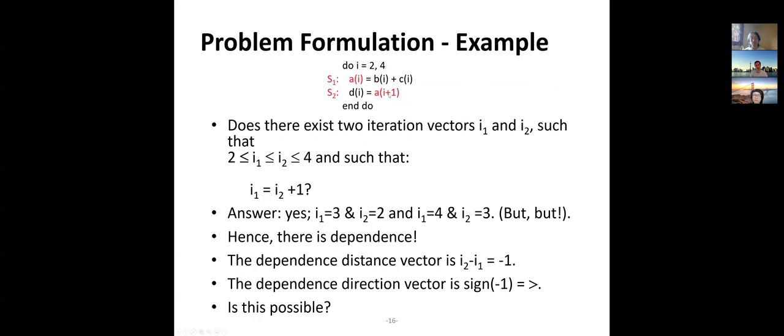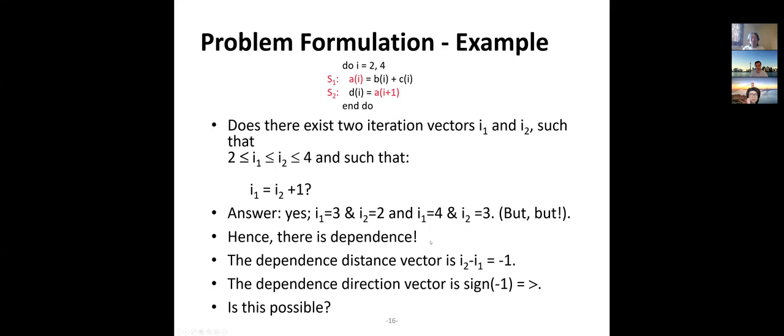Remember where you go into the positive direction. So the question is, does there exist two iteration vectors, I1 and I2, such that they are between 2 and 4, because those are the limits, and such that I1 equals I2 plus 1? And the solutions exist. You get 3 and 2, and 4 and 3.